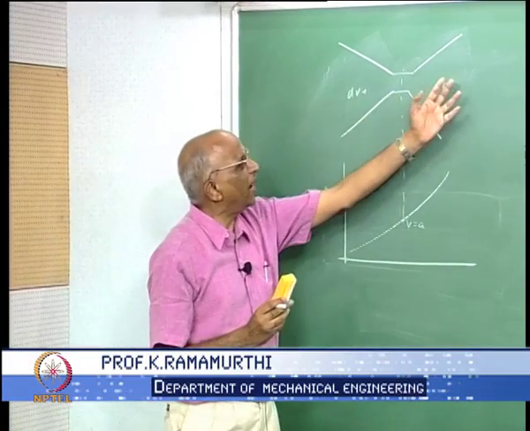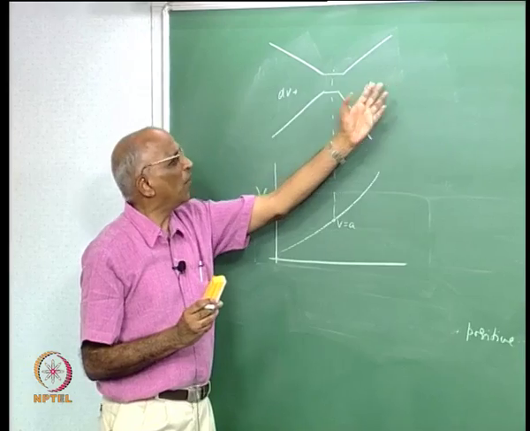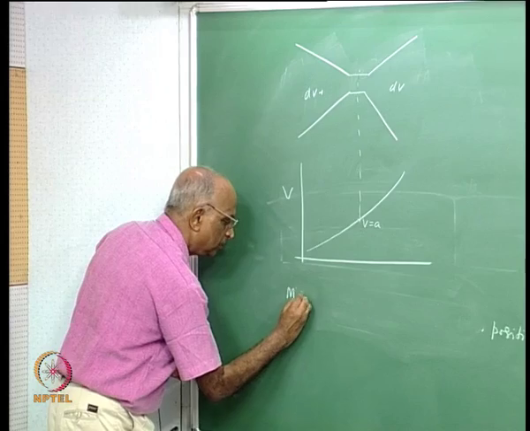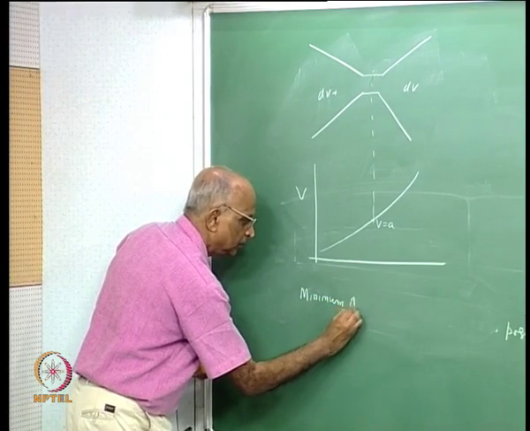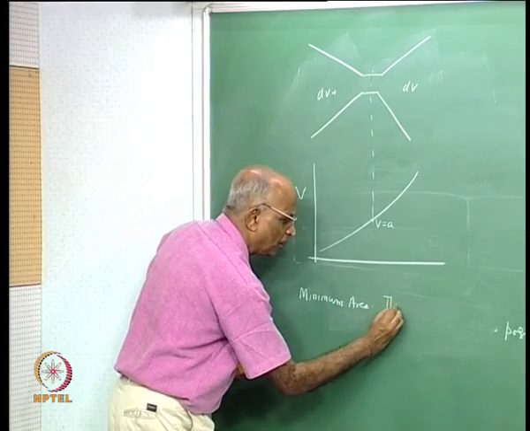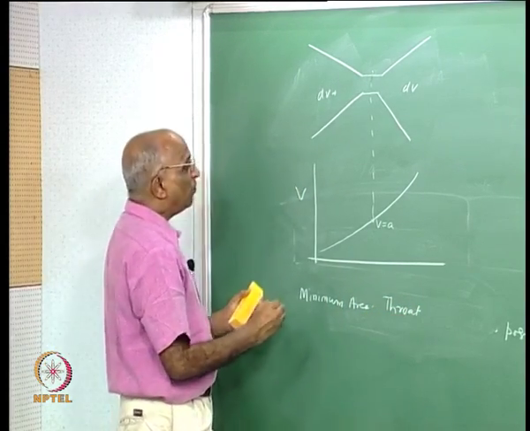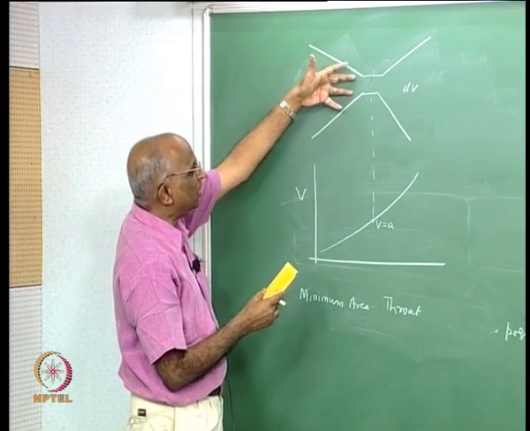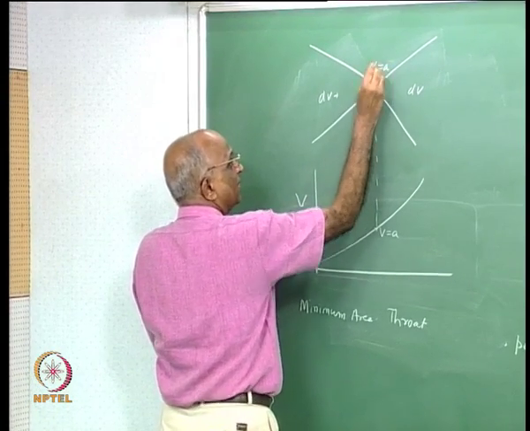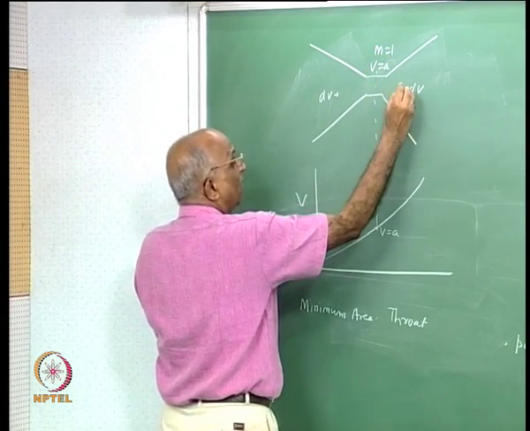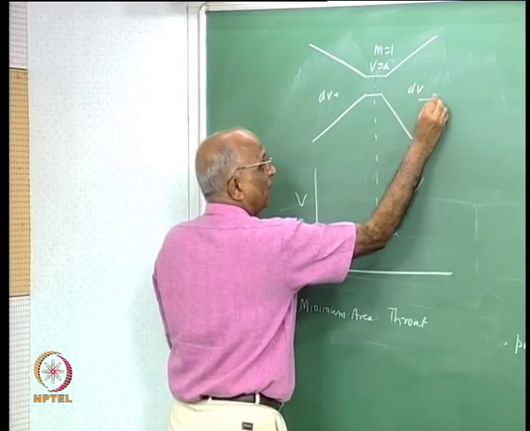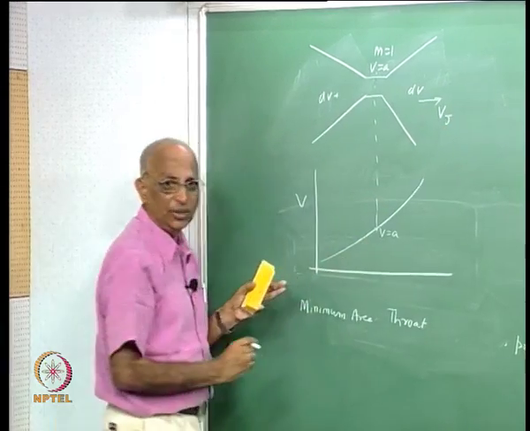Therefore, in order to get a high value of jet velocity, we must have a minimum area, and this minimum area, my throat, I call it the throat. So we start with a large area, we converge it, we increase the velocity to a value equal to the sound speed at this section, which is Mach 1, and thereafter the Mach number is greater than 1 and the flow velocity increases, and therefore I can have a high value of jet velocity.